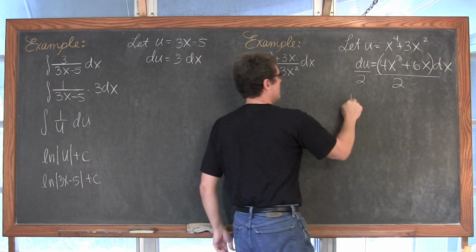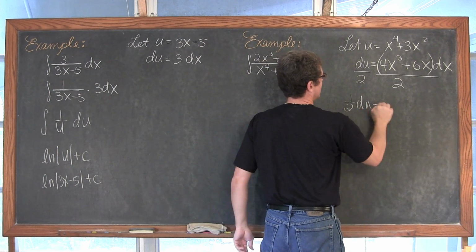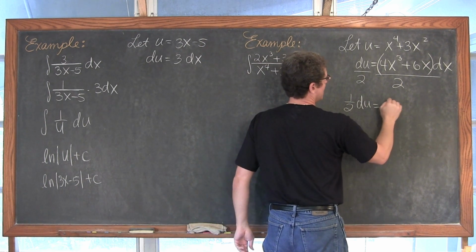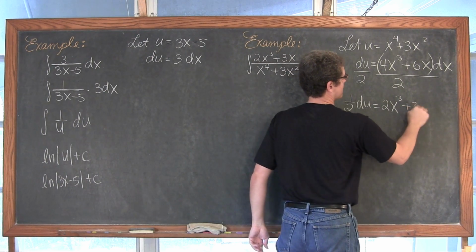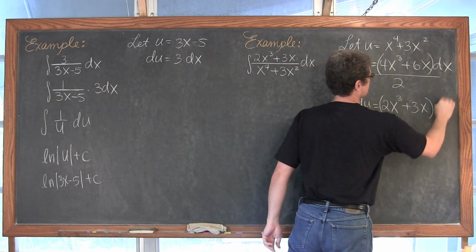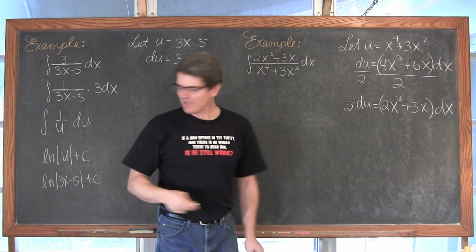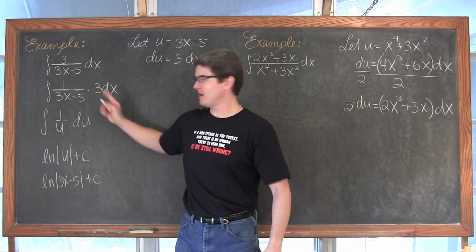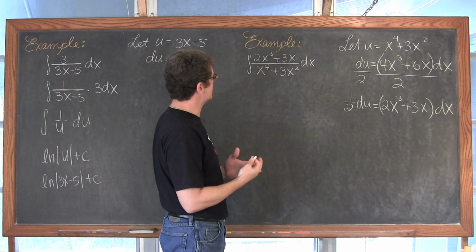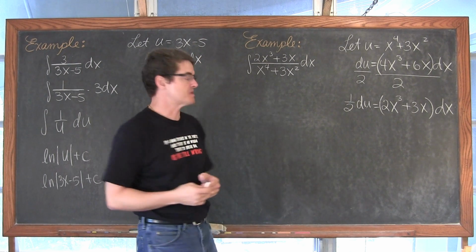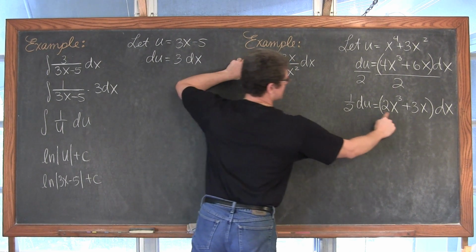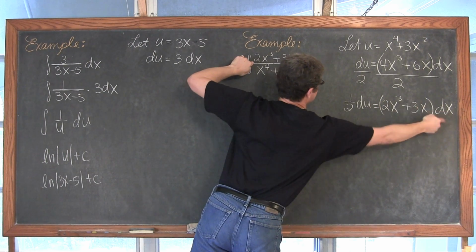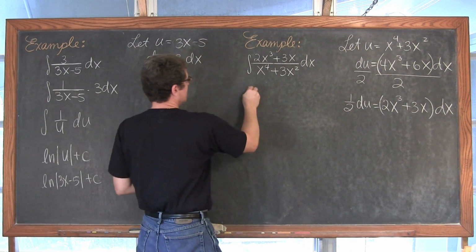And I get 1/2 du is equal to, 4 divided by 2 is 2x cubed plus 3x dx. Now I'm not going to separate this off like that. So I'm ready to do my substitution and remove all my references to x. So 2x cubed plus 3x dx, so that is equal to du.